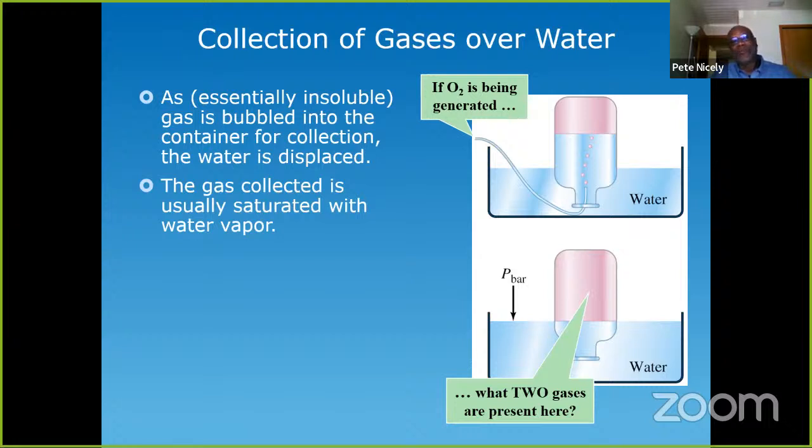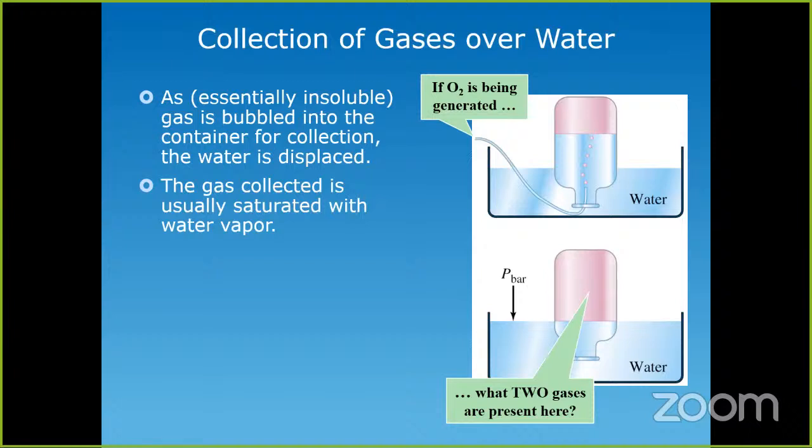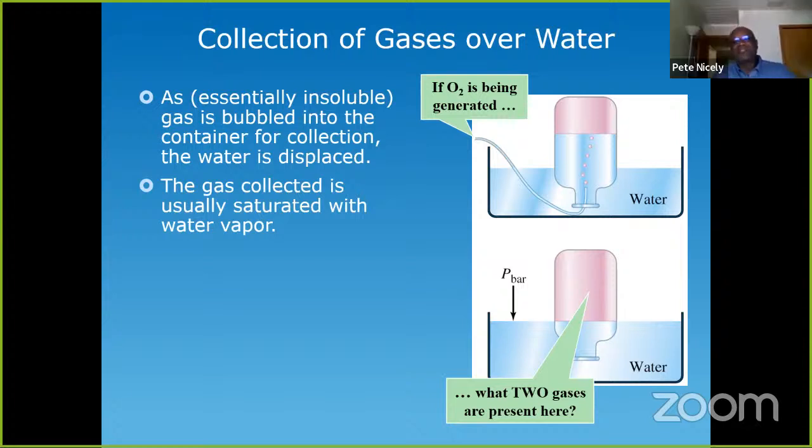Anybody? One of the gases collected will be oxygen, right? But there's another gas that will be present. Can anybody tell me what that gas is? Wouldn't it be like carbon? Or like hydrogen? Nope, not carbon, not hydrogen. Any other ideas?